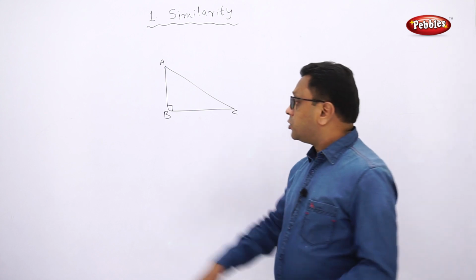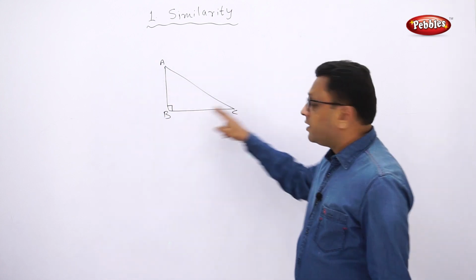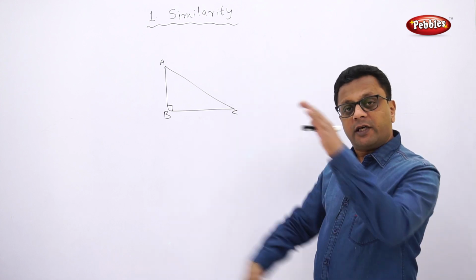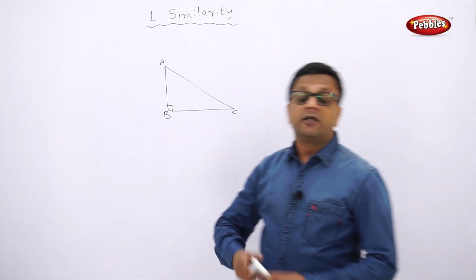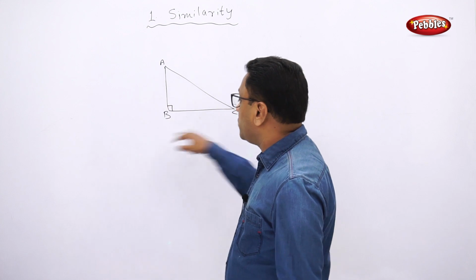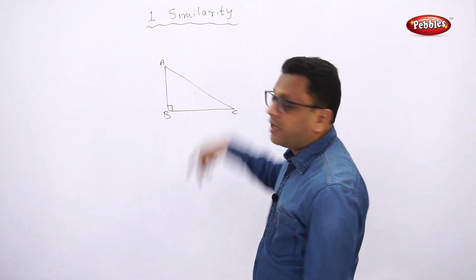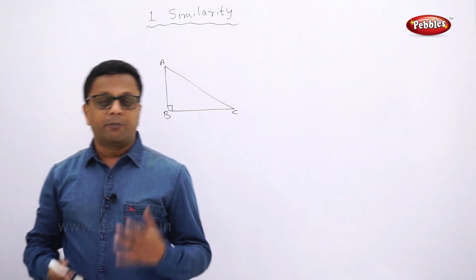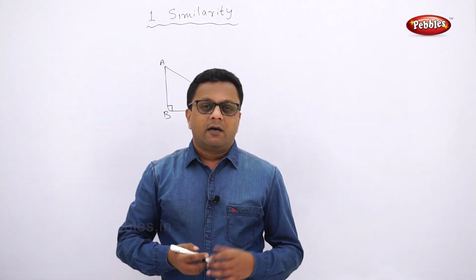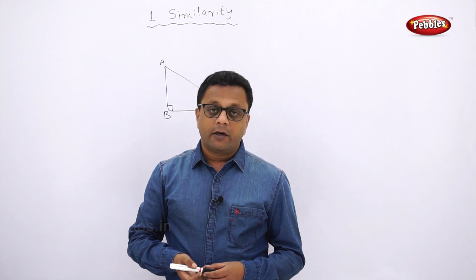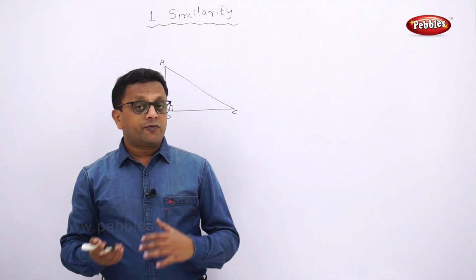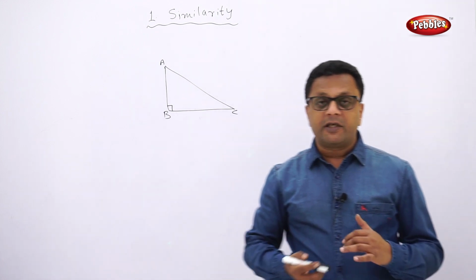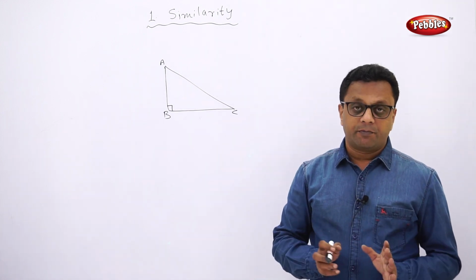Why? Because here when the triangle is like this, you will call this as a height and this is a base. But suppose I turn the triangle 90 degrees, then what you will do? Then this height will become base and this base will become height. Actually, when you want to find out the hypotenuse or any other side, nothing wrong is there. But suppose in case of some other kind of problems where you have to find a height and base, in that case it can be a problem.